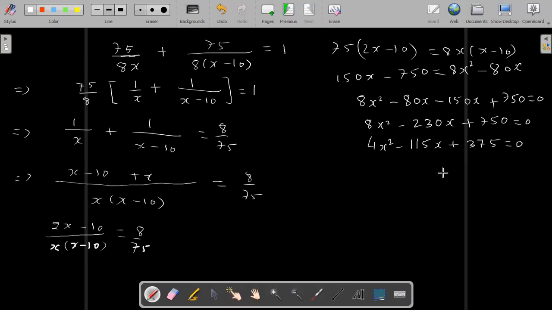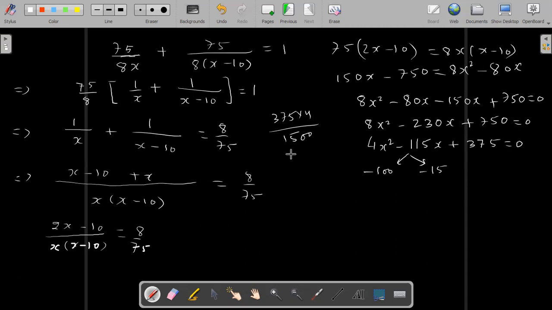Now 375 and 4 multiply and get the factors of 115. If we write minus 100 and minus 15, we get 1500. So 375 into 4 will be equal to 1500.